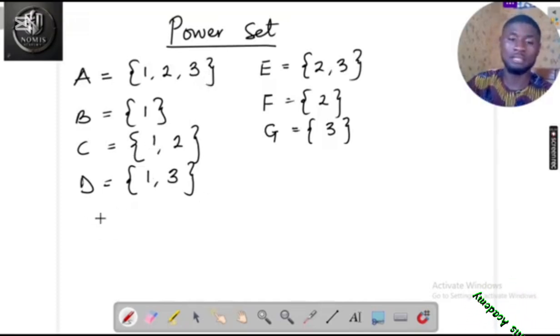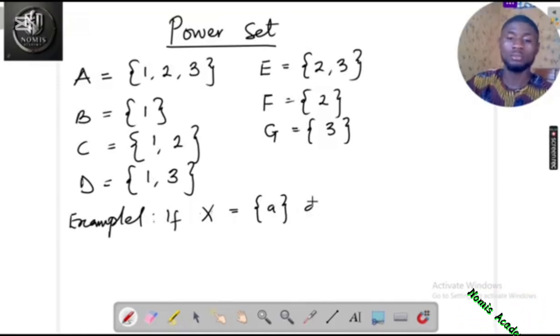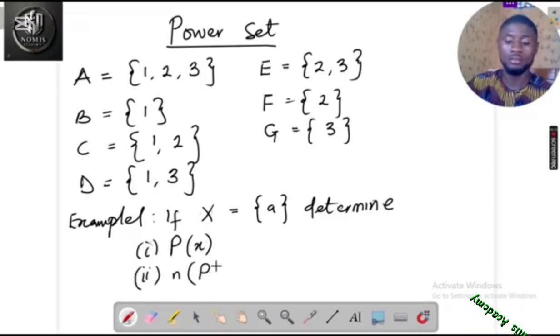So let's take a good example. Let's say if X is A, so determine, Roman figure 1, the power of X, and Roman figure 2, determine n open bracket P open bracket X close bracket and close the other bracket.